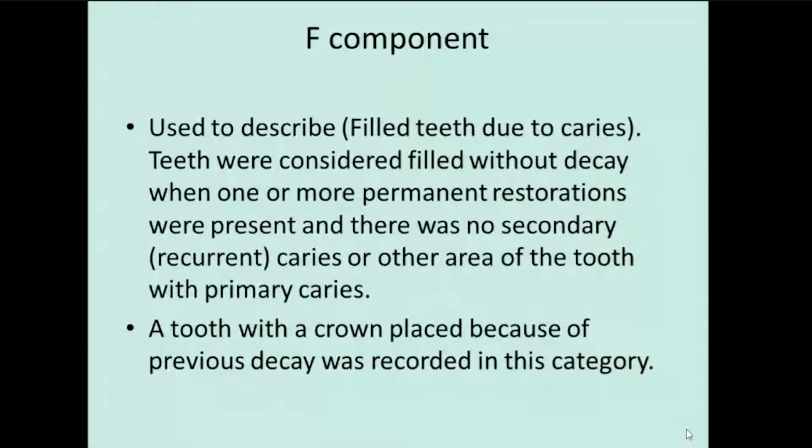Meaning if you see a patient with a crown, and the reason for the crown was caries, when you take history from the patient, or he is your old patient and you know this crown was placed over the tooth because of previous caries, this we consider within the filling. It is a restoration, a replacement, so we consider it within the F.